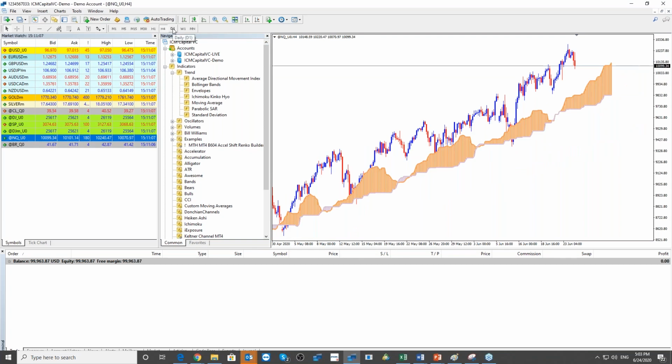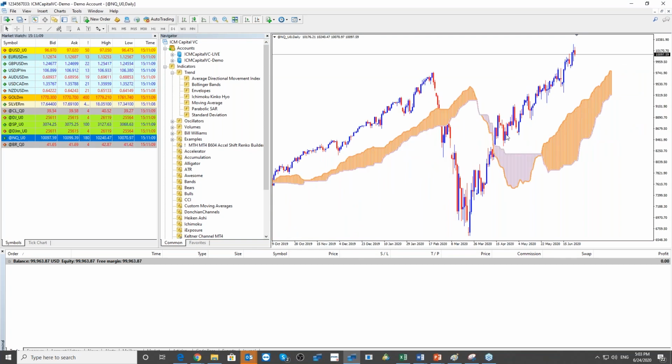Here, if you have a look at Nasdaq, you can see that as the price crossed below the cloud, we saw a recovery back to the cloud, and then the market moved down. And also here, when the price moved above the cloud, we noticed an uptrend. So this is a simple assumption for the cloud: as long as the price is crossing above the cloud, it's a buy signal, and if it crosses back below the cloud, it is a sell signal.